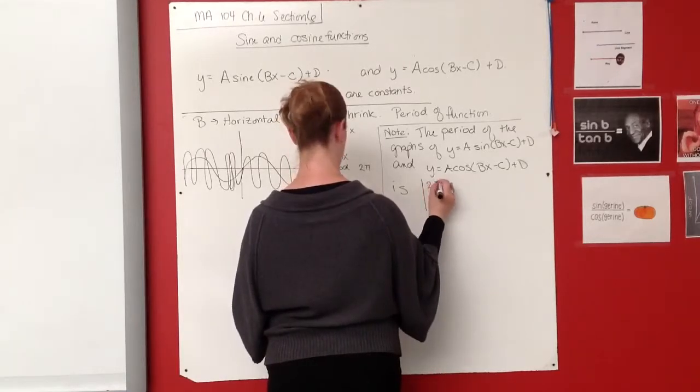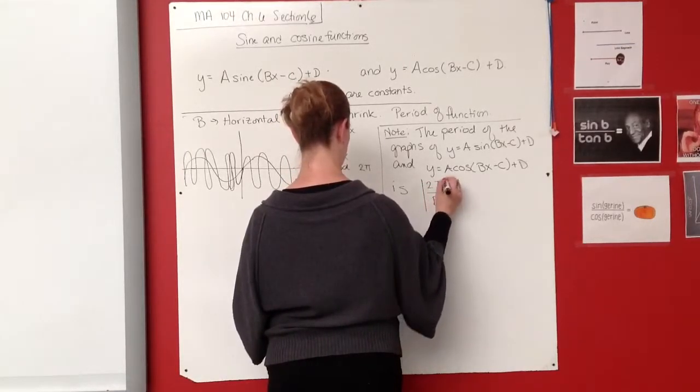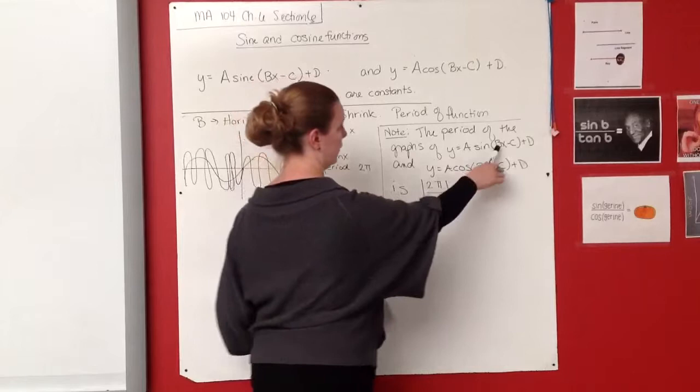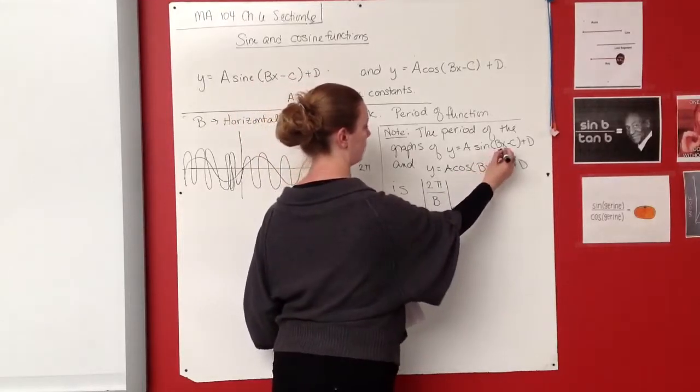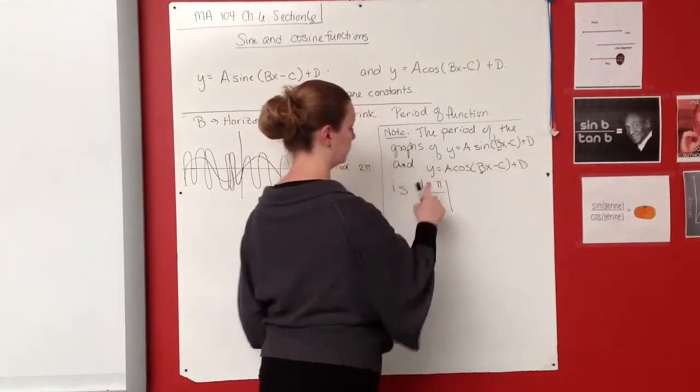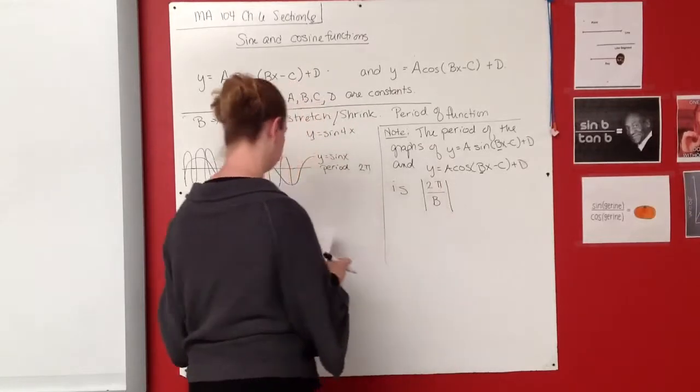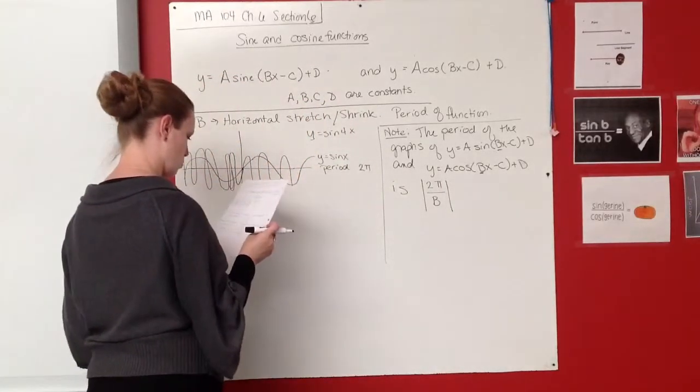The period is 2 pi divided by b, where b is your constant right here before the x term. Okay? 2 pi divided by b.